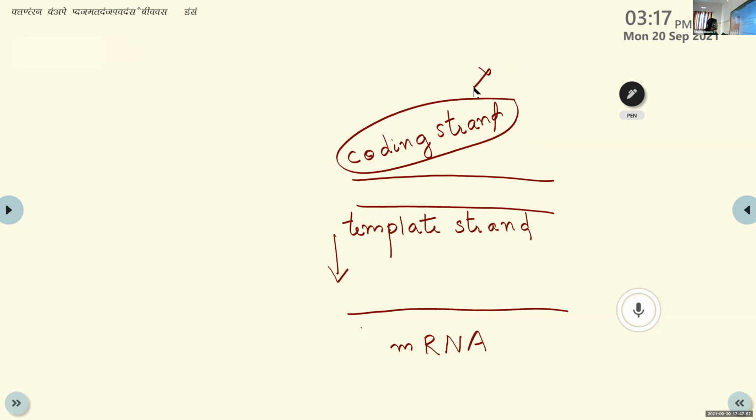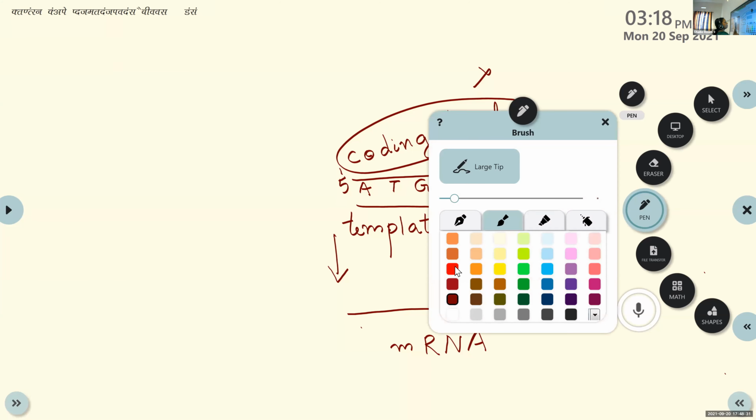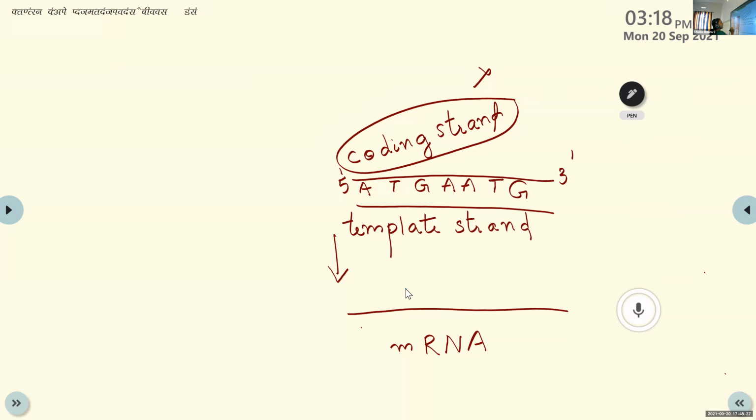Now let's see. Here the question is, on the coding strand, 5' to 3', the information is A, T, G, A, T, G. Correct, no? So this is the information present on which strand? Coding strand. Now the template strand.